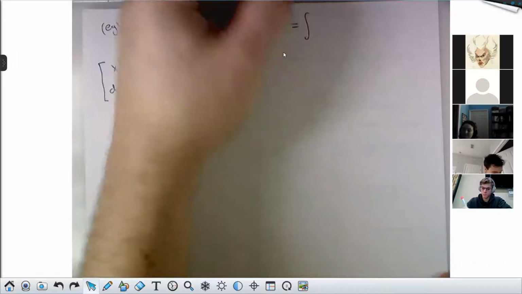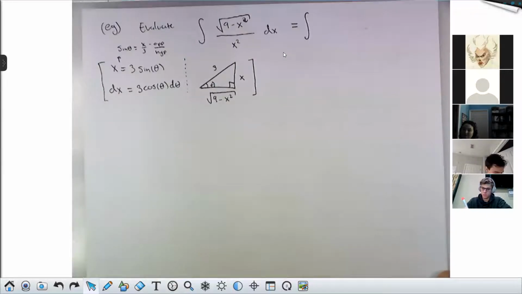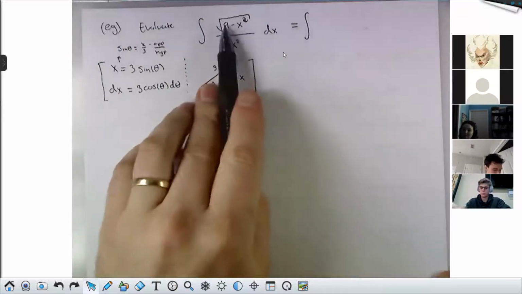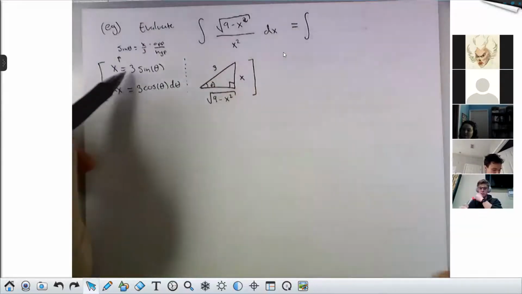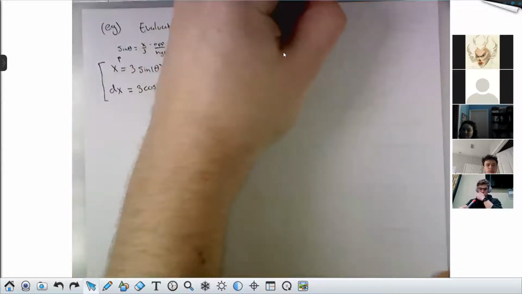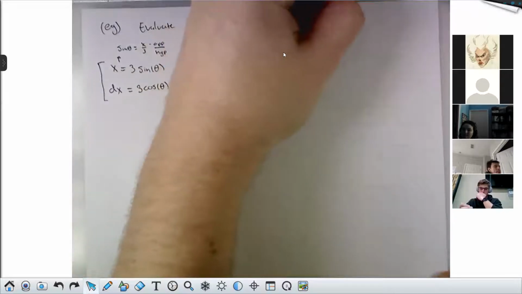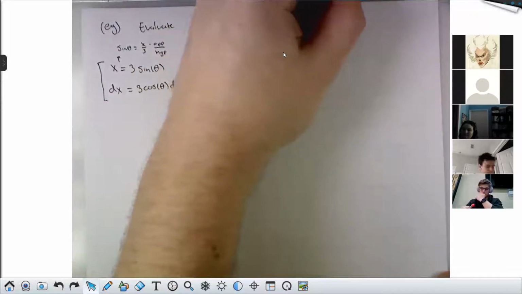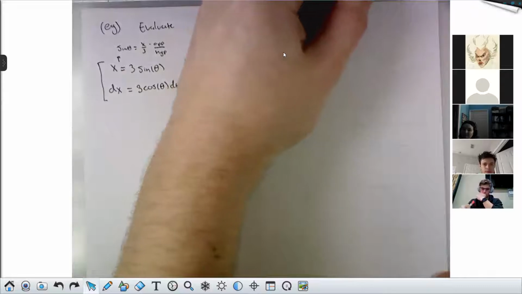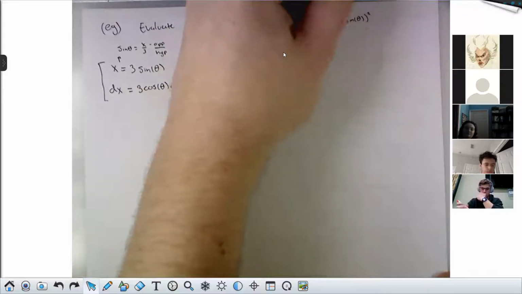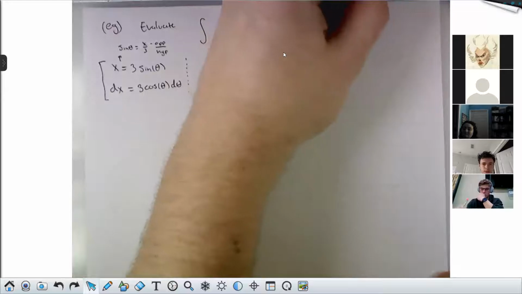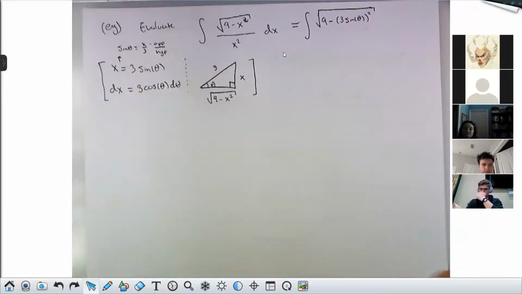So that integral is equal to the integral of, I've got the square root of 9 minus x squared, and x is 3 sine theta. So under my square root, I'll plug everything in real slow and gentle. We can see where it all comes from. I'll have the square root of 9 minus, and now instead of x squared, I have 3 sine of theta squared.